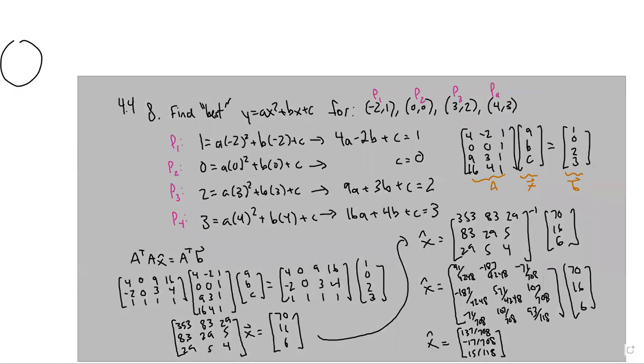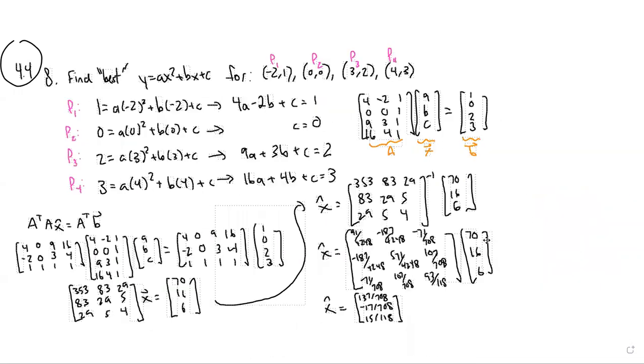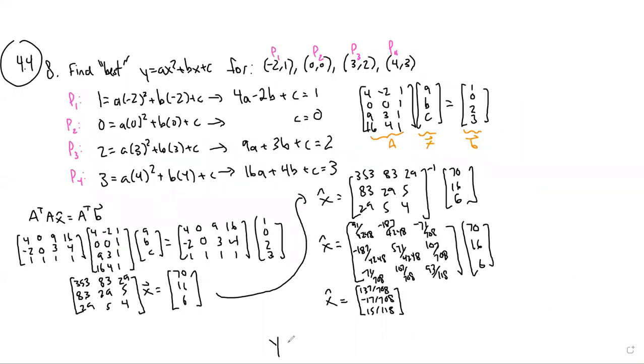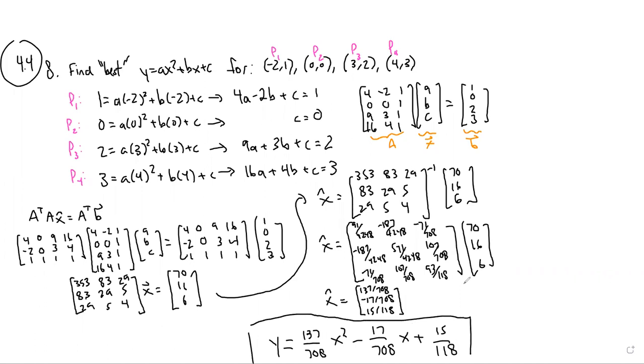I'm just going to move this over and write out my solution. So my A is 137 over 708, so x squared minus 17 over 708 x plus 15 over 118, and that's my C value, and that should be the sort of quadratic or parabola of best fit instead of line of best fit.